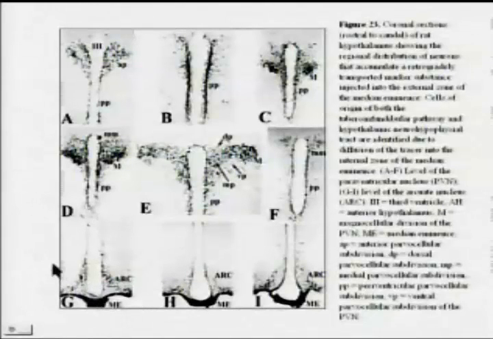When we get to the arcuate median eminence level, we see the retrogradely filled hypophysiotrophic neurons of the hypothalamus.